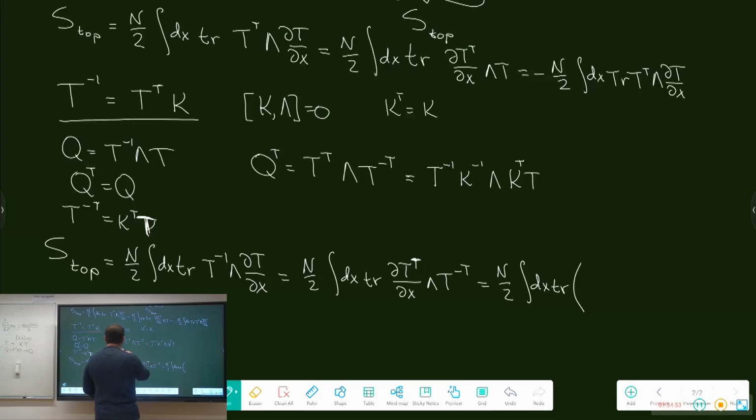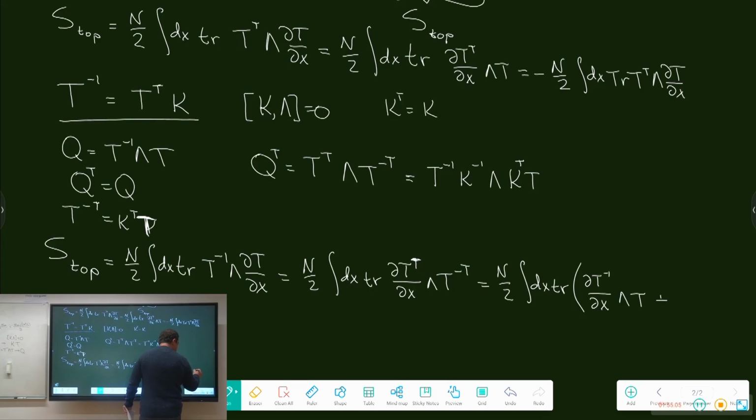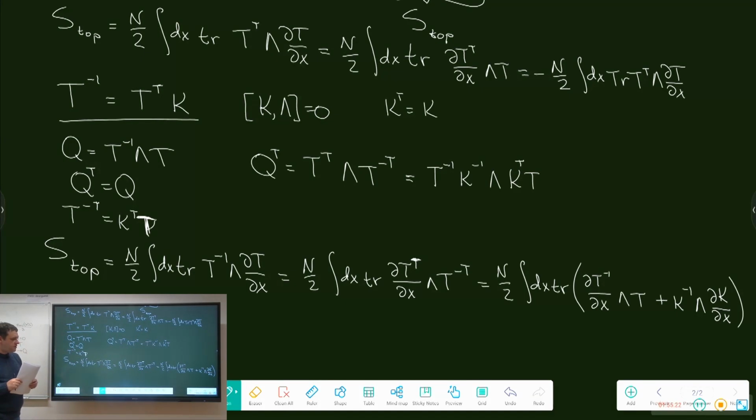Instead of T transpose, we will have T inverse, dT inverse by dx lambda T plus, actually I don't know, K inverse lambda dK by dx. This is what I have written in my notes, and I am pretty sure that it's correct.